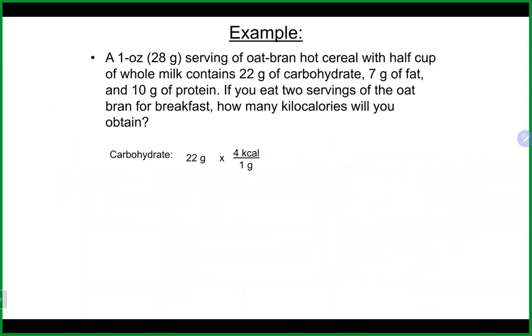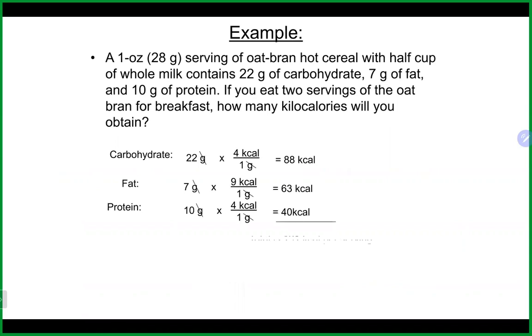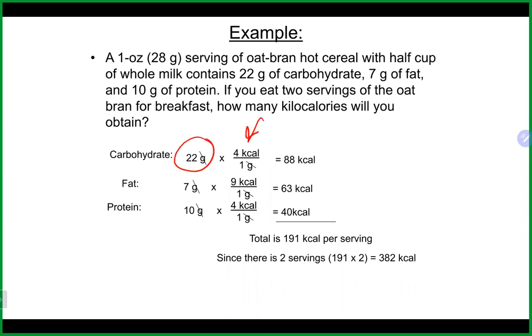So back to nutritional calories for a second, just to show you a sample of the calculation here. If we had some oat bran cereal and we had 2 servings of it, and it contained basically 22 grams of carbs, 7 grams of fat, and 10 grams of protein for each serving, we would multiply the grams of the carbohydrates by the caloric value for carbs, and that basically gives us 88 calories.